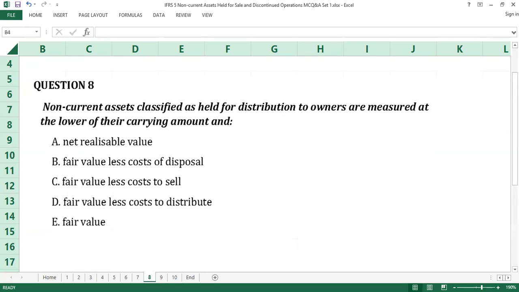Question number 8. The answer to question number 8 is D. Fair value less cost to distribute. Non-current assets or disposal group classified as held for distribution to owners are measured at the lower of the carrying amount and fair value less cost to distribute. D is the answer to question number 8.